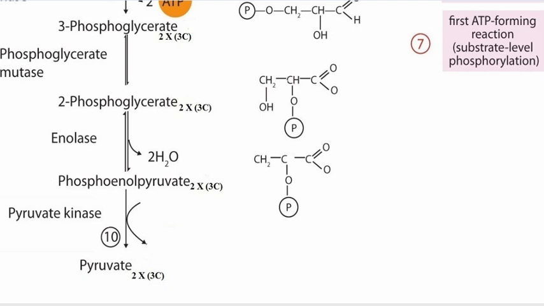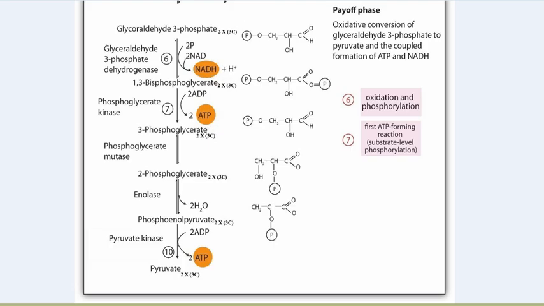Now try to get one word. Over here it was written phospho. This one is only pyruvate. Phosphate is removed. And if phosphate is removed, now we will get ATP over here.